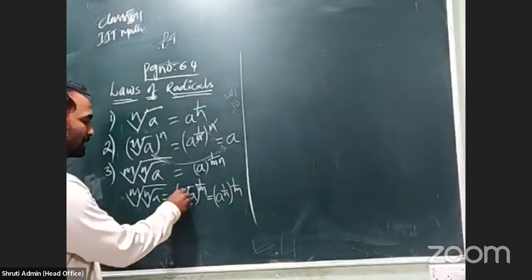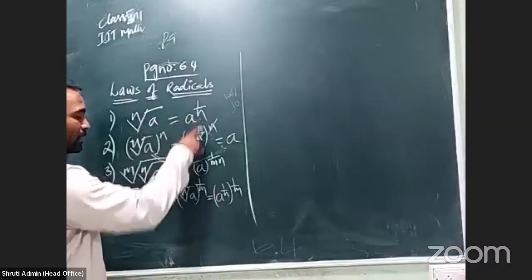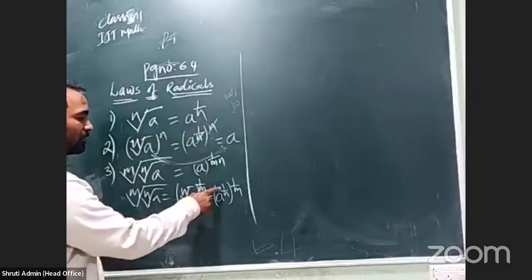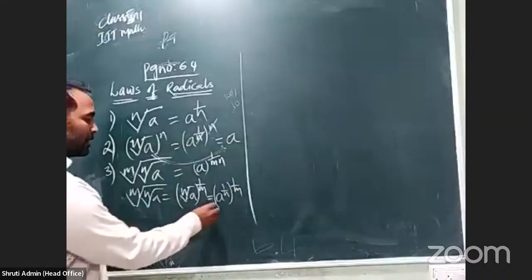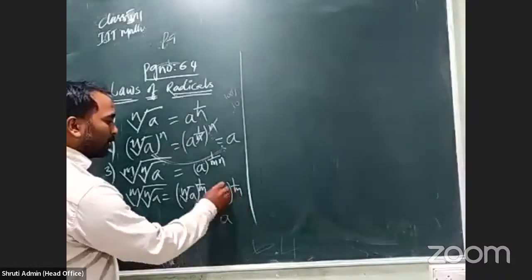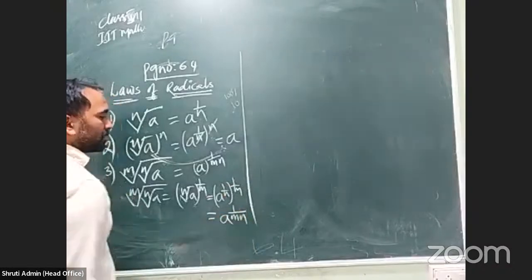Clear? Nth root if I remove, it becomes a power 1 by n, and whole to the power of 1 by m is already there. So this can be written as a power 1 by mn, in alphabetic order. This is the answer.